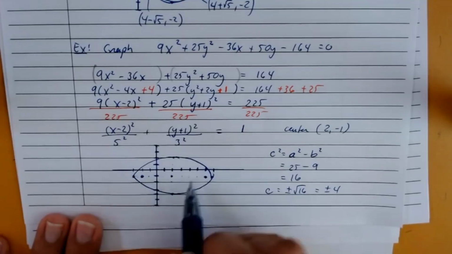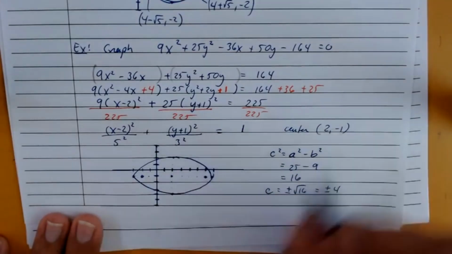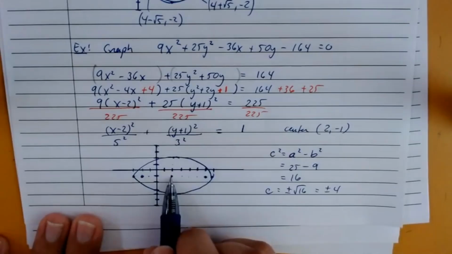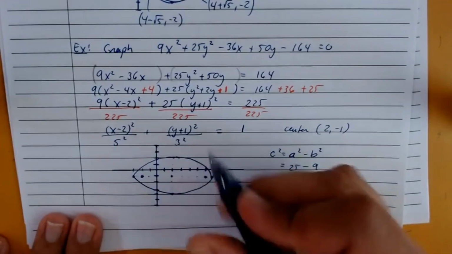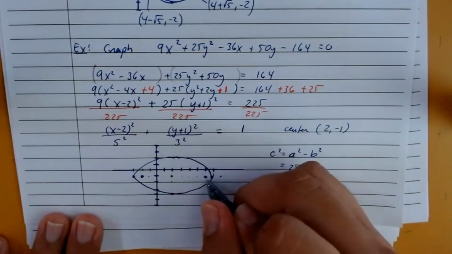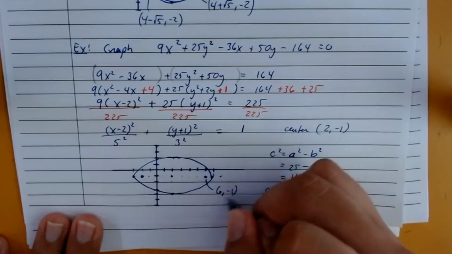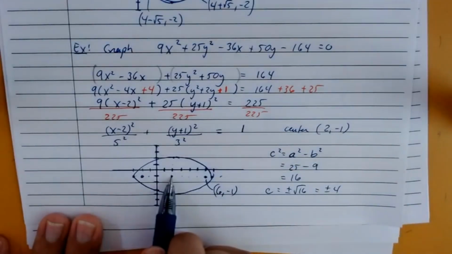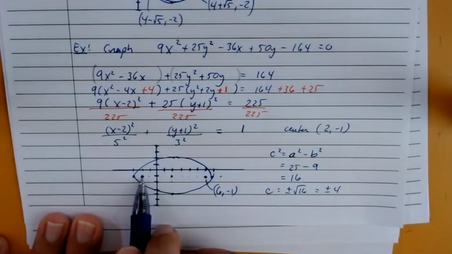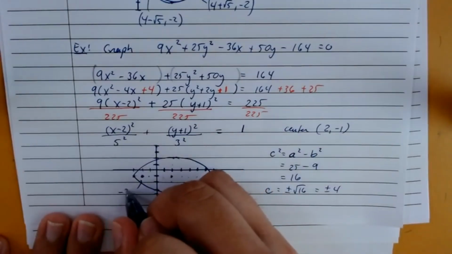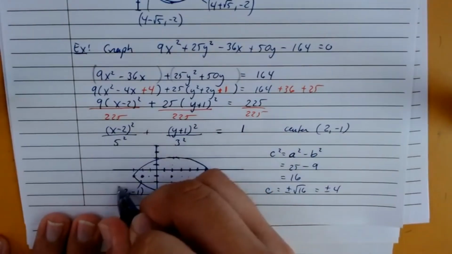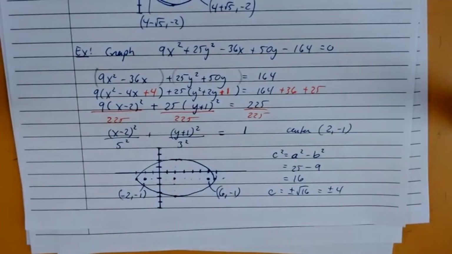These are still going to have that same negative 1 as your y-coordinate, but now if you're starting at x equals 2 and you go 4 to the right, that's 3, 4, 5, 6, comma, negative 1 as one focus, and 1, 0, negative 1, negative 2, comma, negative 1 as your other focus. And there we go.